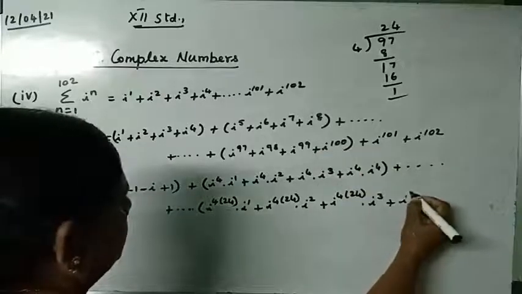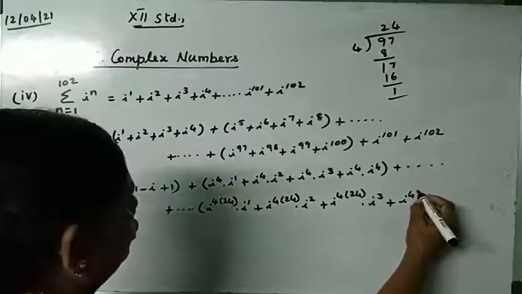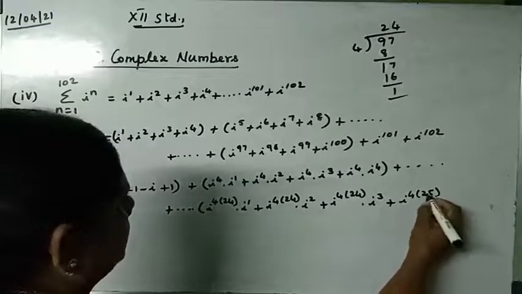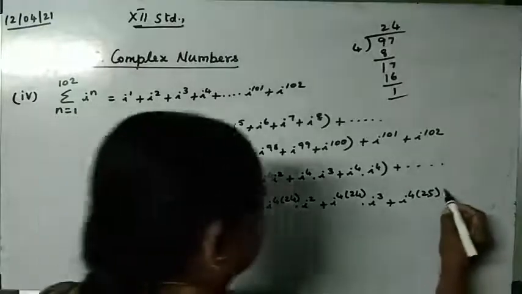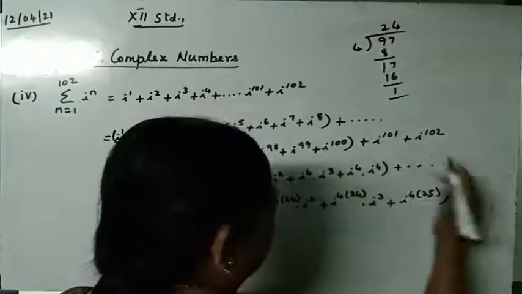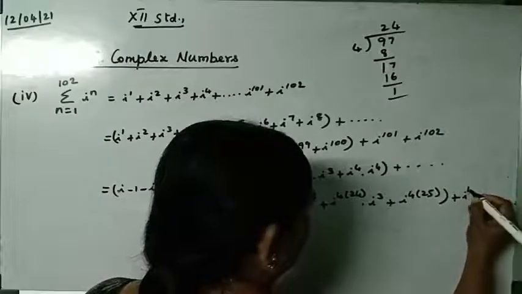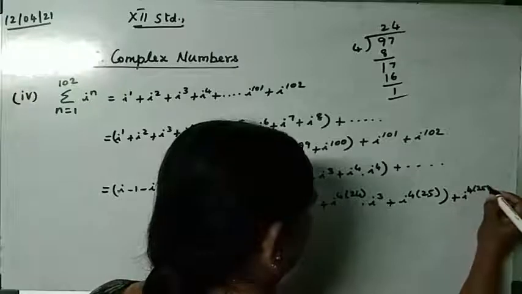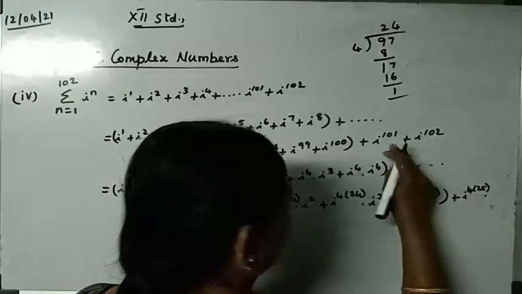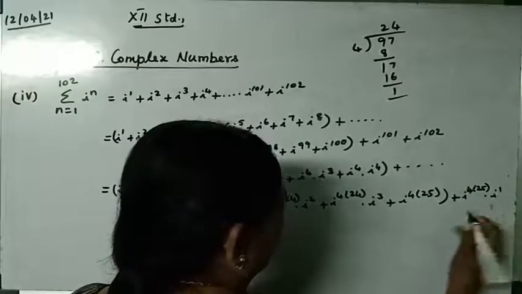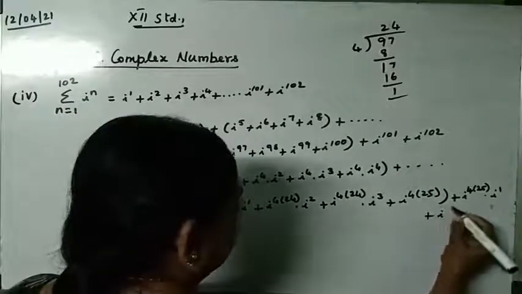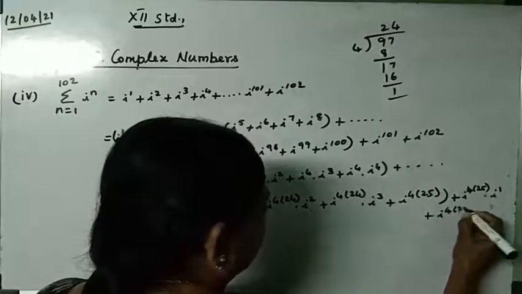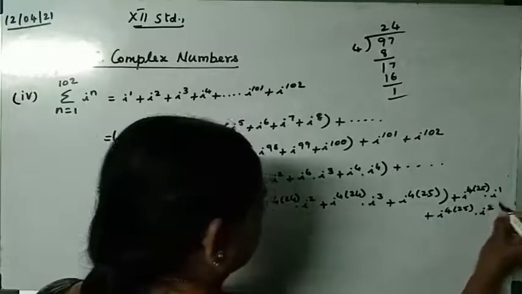So i power 4 into 25 எழுதியிருக்கோம். 4 into 25 is 100 plus. So இதை எப்படி எழுதலாம்னா i power 4 into 25, 100 வந்துரும், into இன்னொரு 1 பேலன்ஸ் இருக்கும். So i power 1, i power 101 இப்படி எழுதிக்கலாம். plus i power 102, 4 into 25 into i power 2 எழுதலாம்.